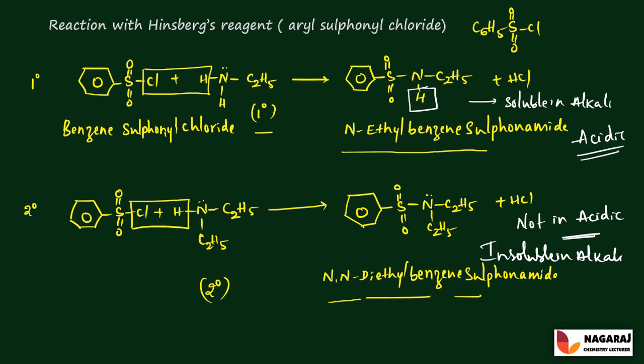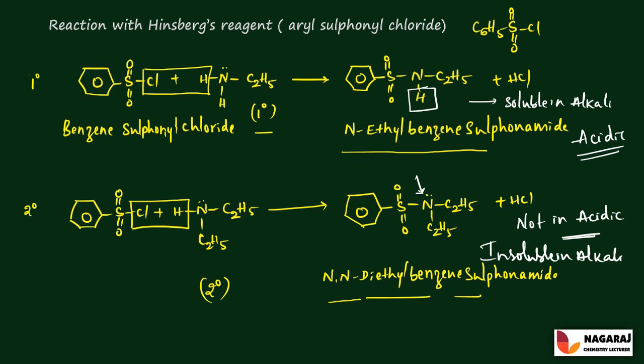But when the benzene sulfonyl chloride reacts with the secondary amines, the obtained product is generally insoluble in alkali and it is not acidic in nature. Why is it not acidic and why is it insoluble in alkali? Because there are no hydrogen atoms attached to the nitrogen. Hence the obtained compound is generally insoluble in alkali.